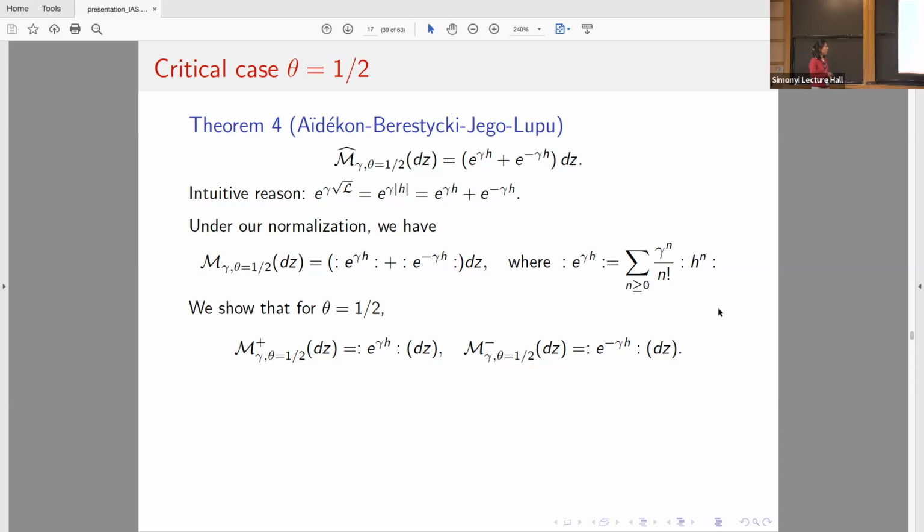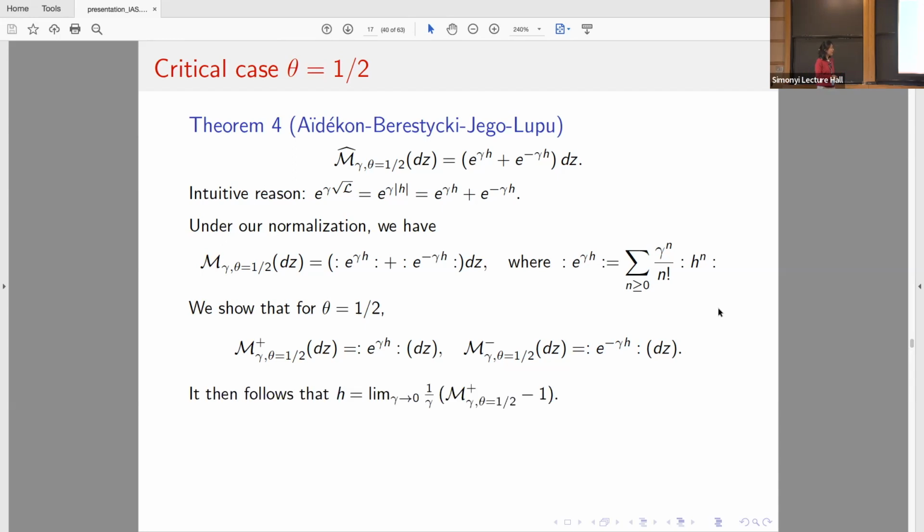As I said, we have a slight change of normalization for the multiplicative chaos, which corresponds to a change of normalization of the exponential of gamma h. Our normalization is such that the exponential of gamma h is equal to this series expansion in terms of the Wick powers of h. This is the correct normalization that we want to use.